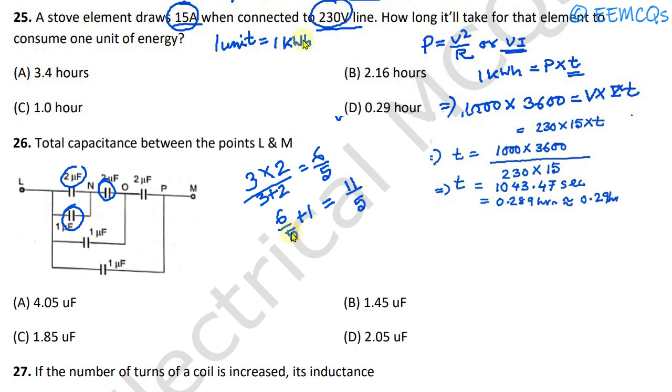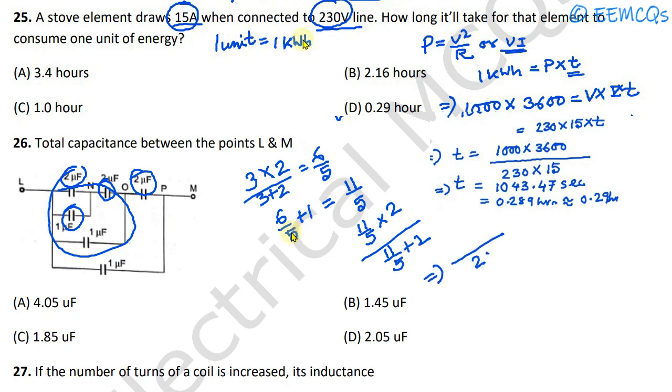Now this combination is in series with this 2 microfarad. So 11 by 5 into 2 by 11 by 5 plus 2. This will give you 21 and this will be 22. So 22 by 21.